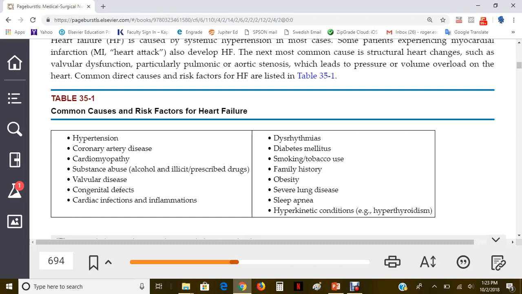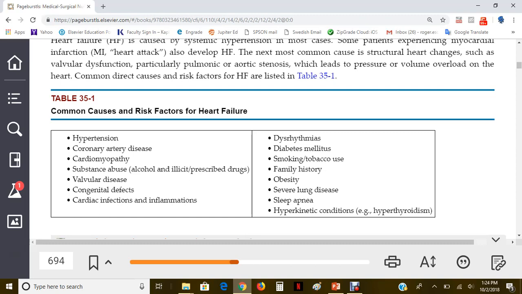Cardiac infections and inflammations, we will discuss this in chapter 35. This is referring to endocarditis and pericarditis. Dysrhythmias, as I already mentioned in the previous video, will affect the unidirectional blood flow through the heart. Diabetes mellitus causes vascular problems, which will increase afterload.